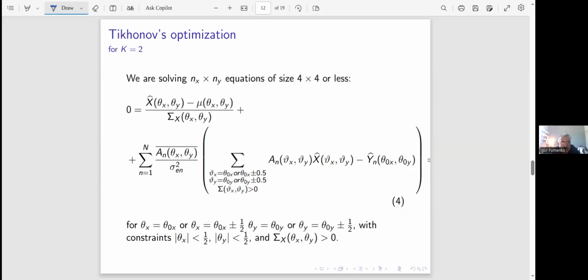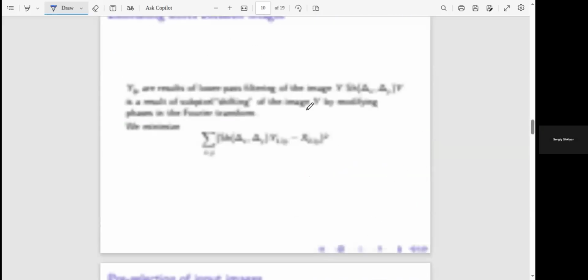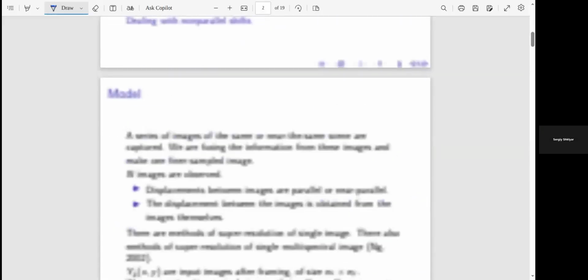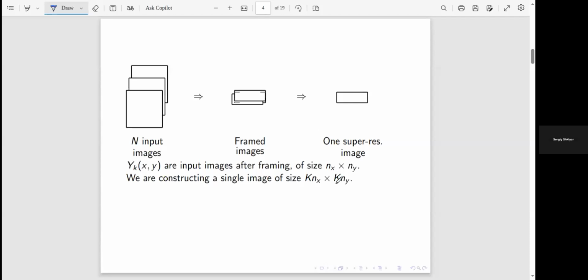What is the dimension of x hat and what is the dimension of x? X in this case is twice nx times twice ny if k is equal to 2.